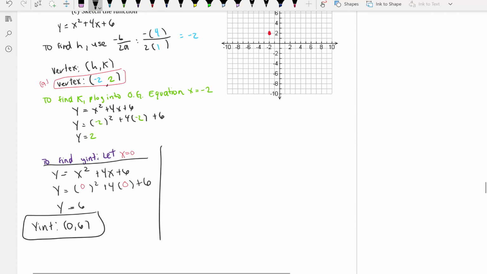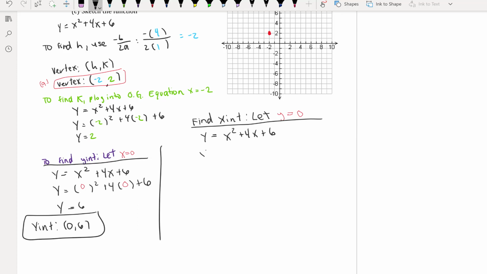Now I want to find my x-intercept. So we are going to let my y value equal 0. Remember, we have that y equals x squared plus 4x plus 6.